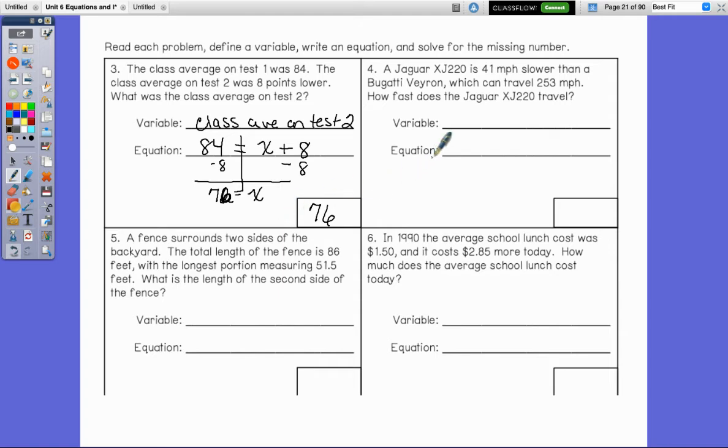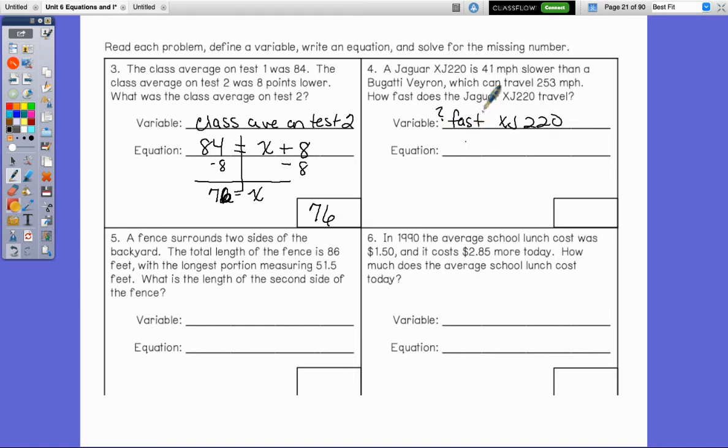Okay, how about let's try number 4. A Jaguar XJ220 is 41 miles per hour slower than a Bugatti Veyron, which can travel 253 miles. How fast does the Jaguar XJ220 travel? So my variable is how fast is the XJ220.